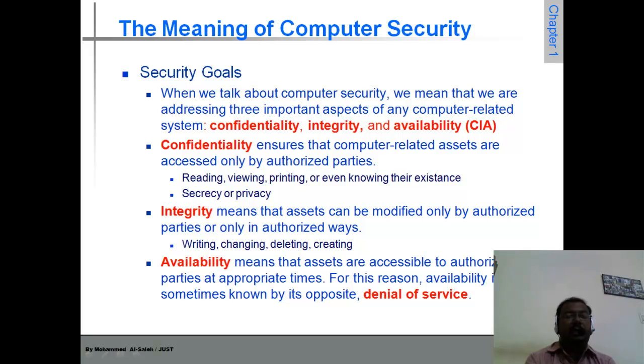Whenever the authorized person wants to access a particular computer system, he should be allowed to do that. If he is not able to access, then there is something called denial of service, which is again a threat to your computer or system.